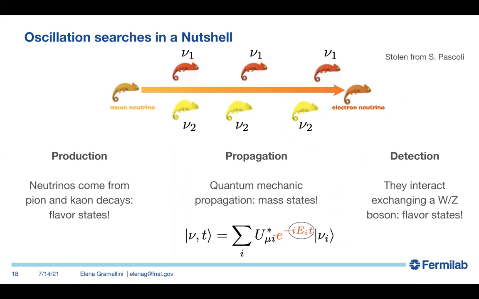One of the biggest Nobel Prize winning discoveries has been neutrino oscillation, and in a nutshell, what happens is that you produce neutrinos of a certain type. These neutrinos propagate, and then when you detect them, a portion of them have changed flavor.